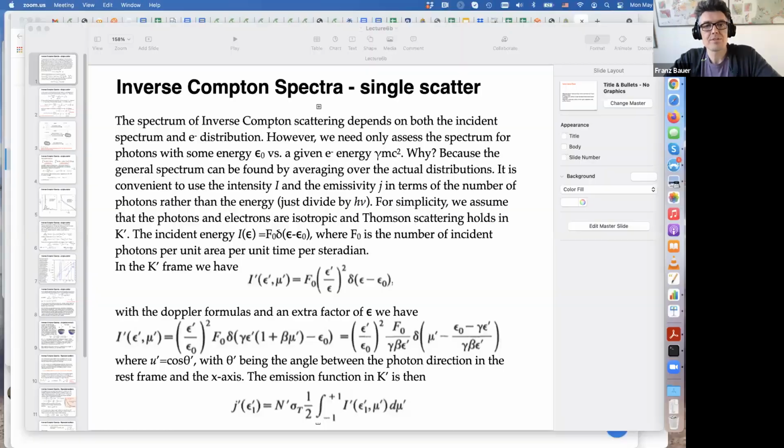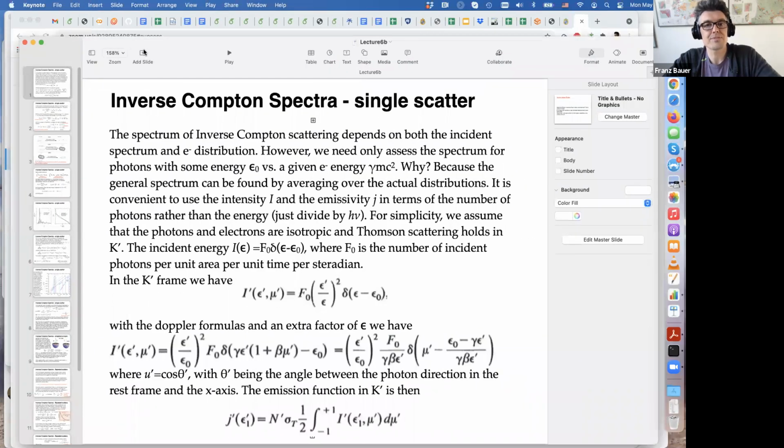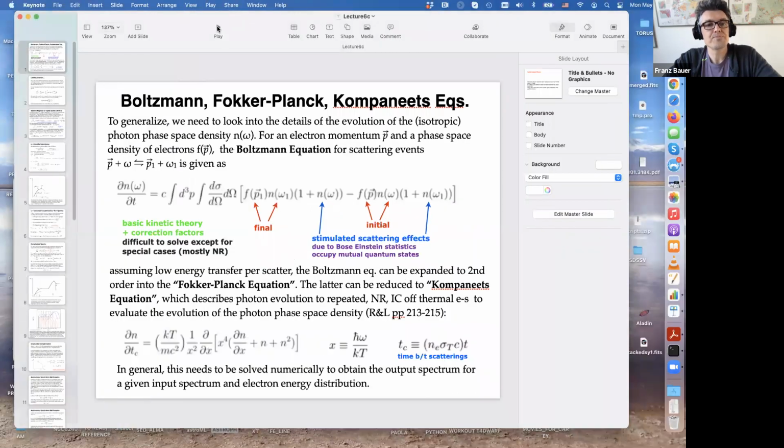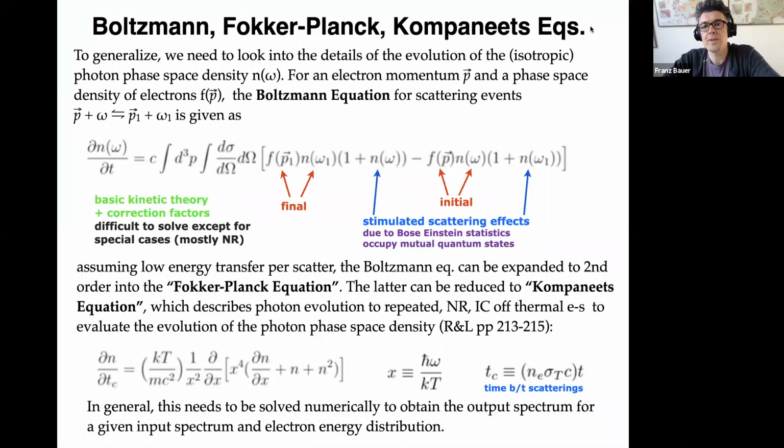The way by which we do that is to run the Boltzmann equation. We can generalize this by running the Boltzmann equation. We want to look at the evolution of the isotropic or non-isotropic photon phase space density, which we would consider n omega.